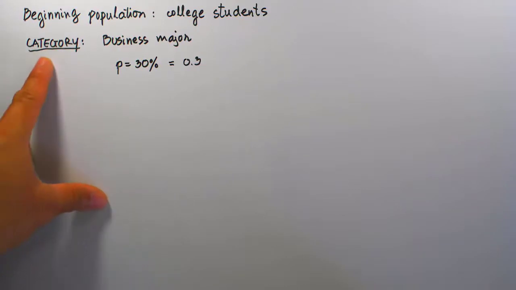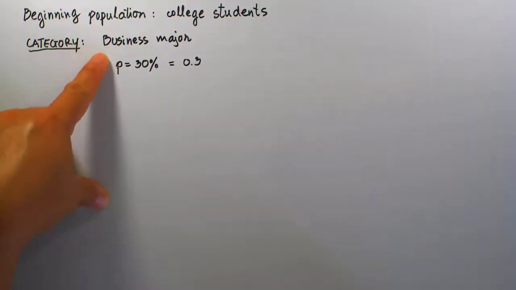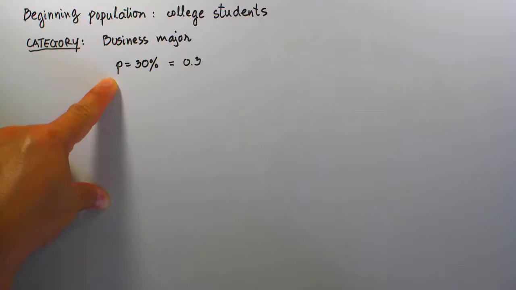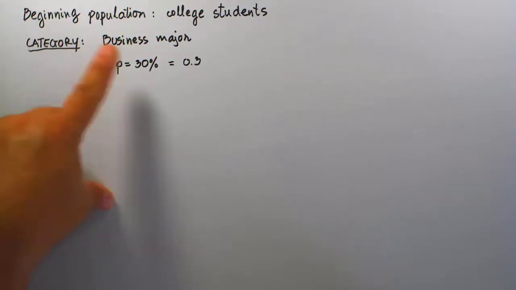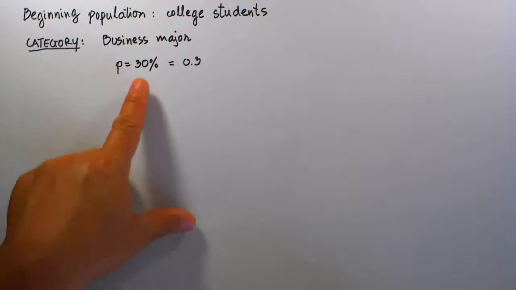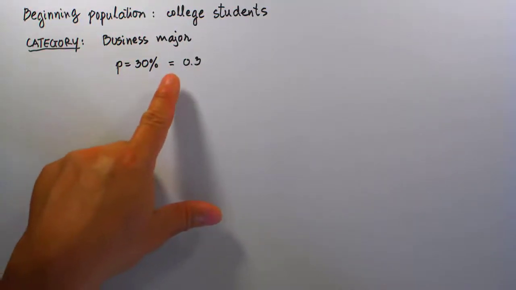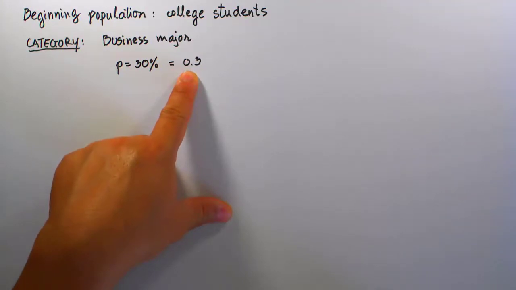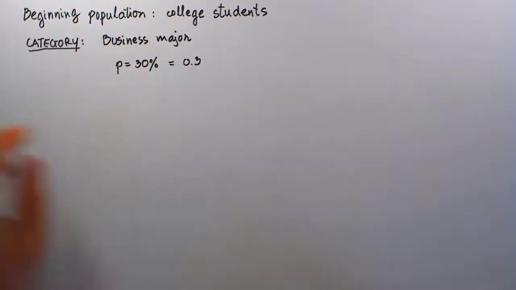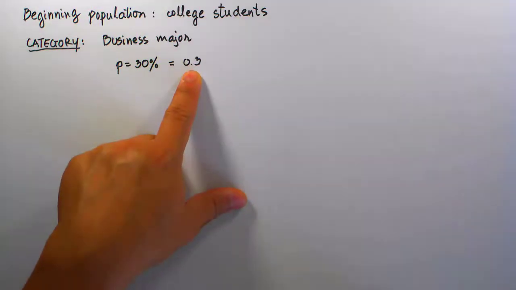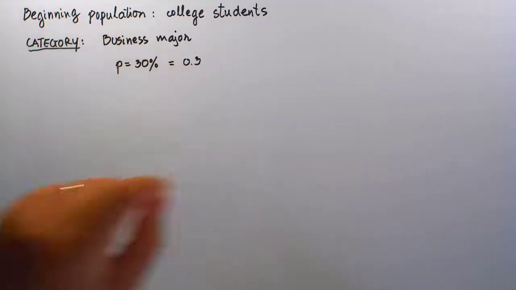The category that we're aiming at is being business major, and we had a known proportion of business majors in this population, which is 30%, or in decimal 0.3. We do not need to know how this value was calculated, but we're going to be making use of this value for a lot of our calculations.